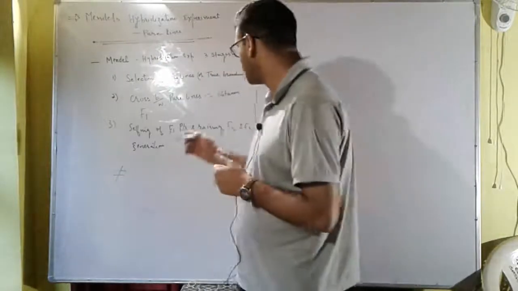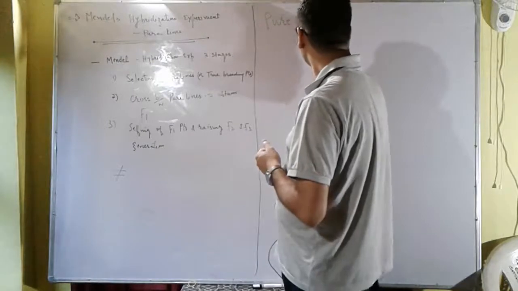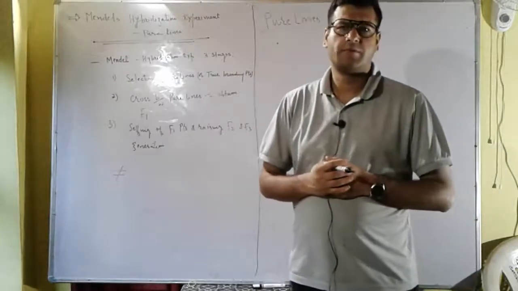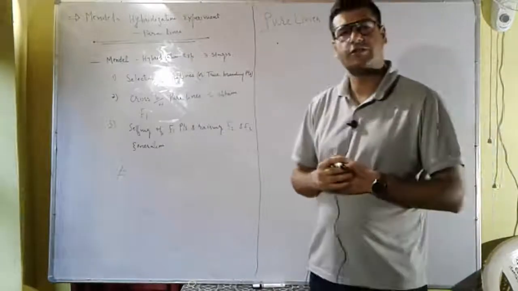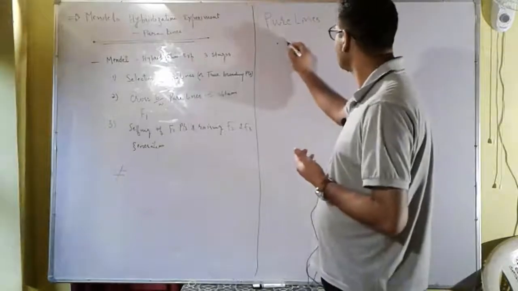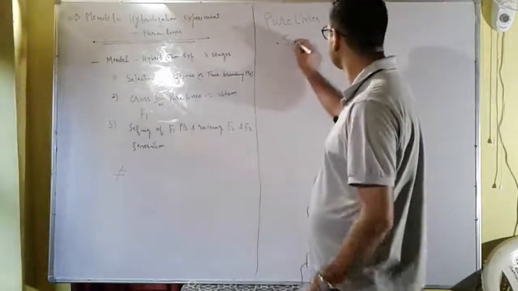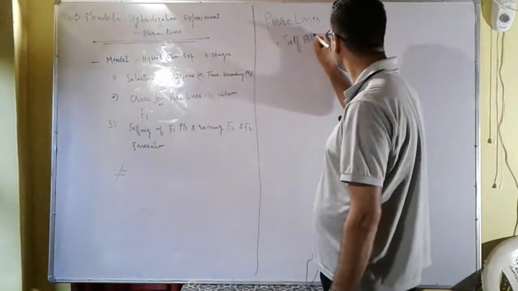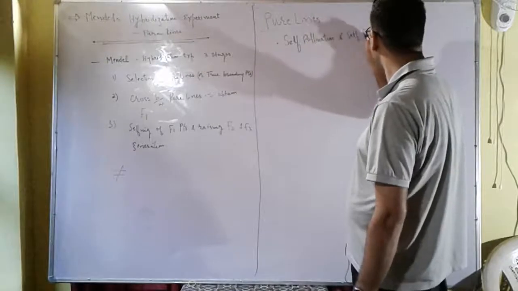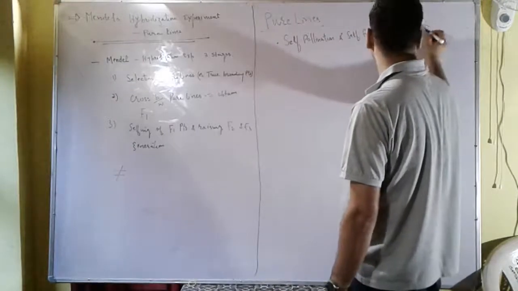Now the question arises: how are these pure lines produced? These pure lines are produced by means of self-pollination, and self-fertilization leads to development of pure lines.